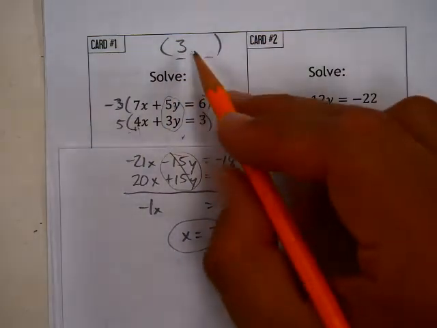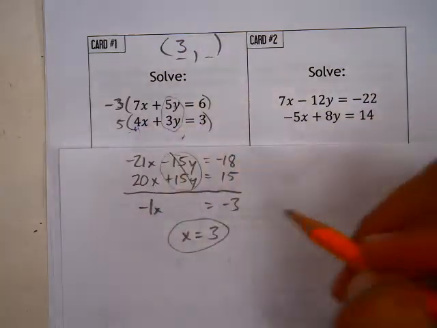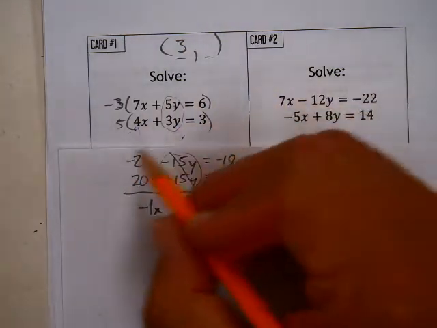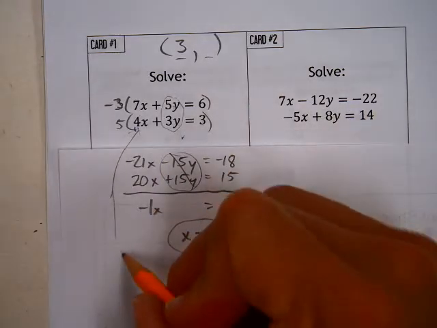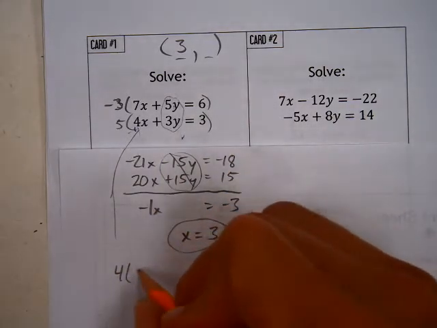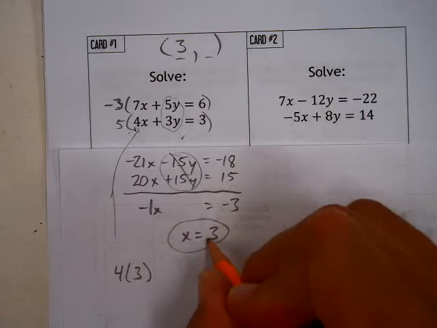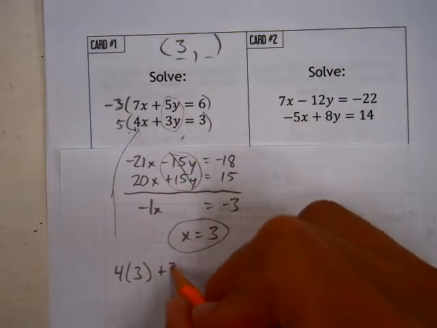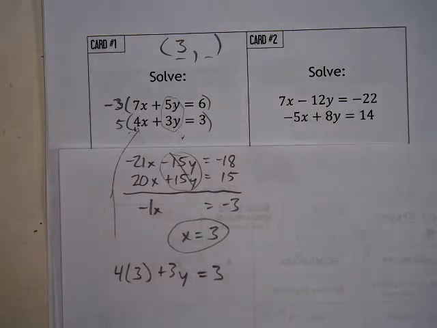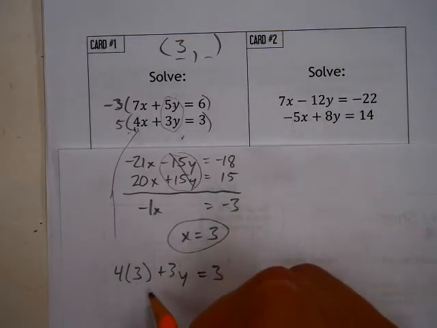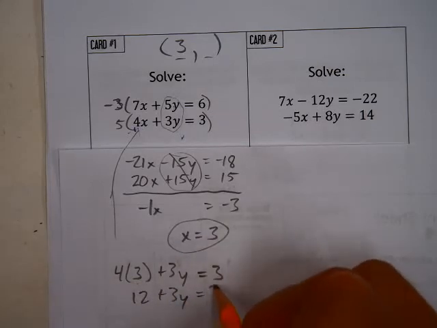The other part of the solution is whatever I get when I plug that 3 back into one of the x's. It doesn't matter which one. So let's go with that second equation, smaller numbers anyway. I've got 4 times x, but now I know that x is 3. So I'm putting a 3 in there plus 3 times y, which I do not know yet, equals 3. So that's 12. 12 plus 3y equals 3.